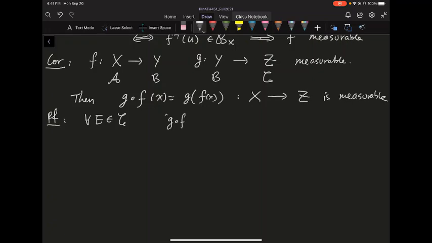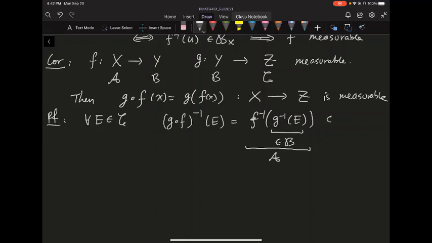You can just first pull back using g inverse, so it's g inverse of E, and then you pull back using f inverse. g being measurable tells you g inverse of E is inside the sigma algebra on Y, which is B. And because f is measurable with respect to the same B, this f inverse is in A, so the whole thing is in A. So we get that it's measurable.